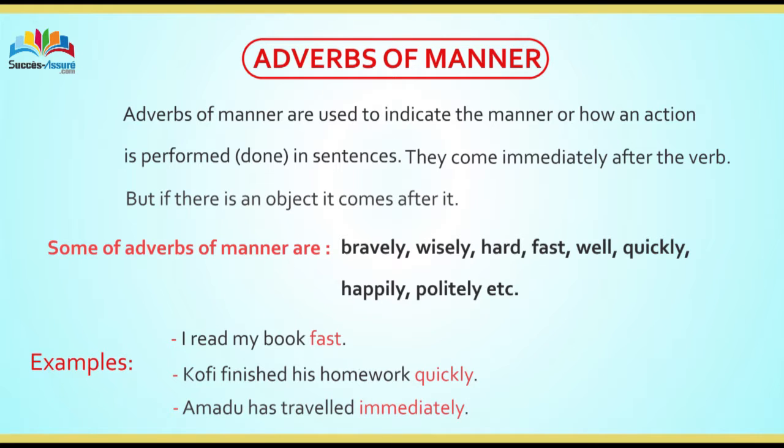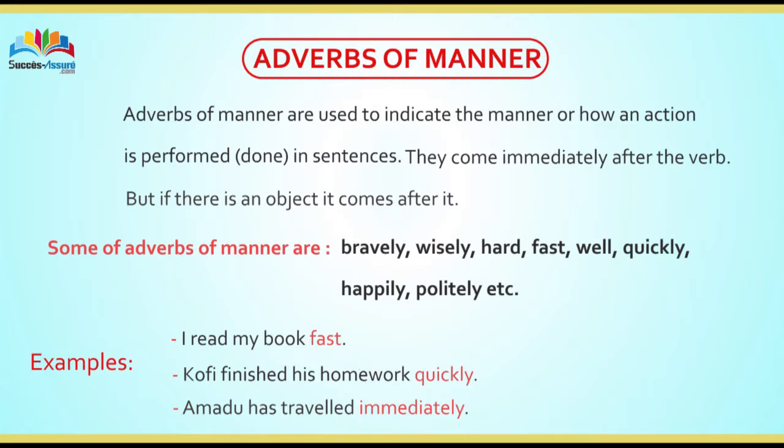Example number 3. Amadou has traveled immediately. Don't say "Amadou has immediately traveled." No. Amadou has traveled immediately. Here we don't have an object. If you don't have an object, the adverb is placed after the verb.